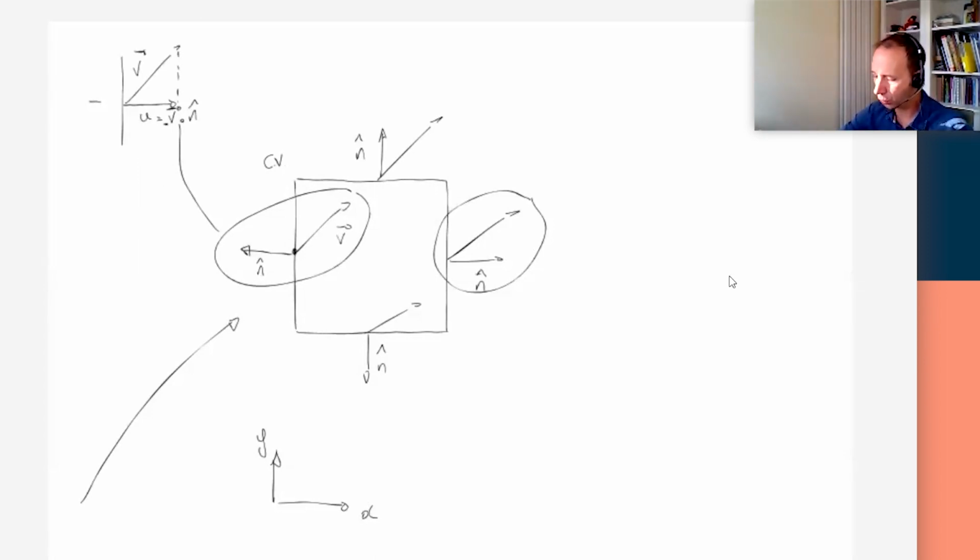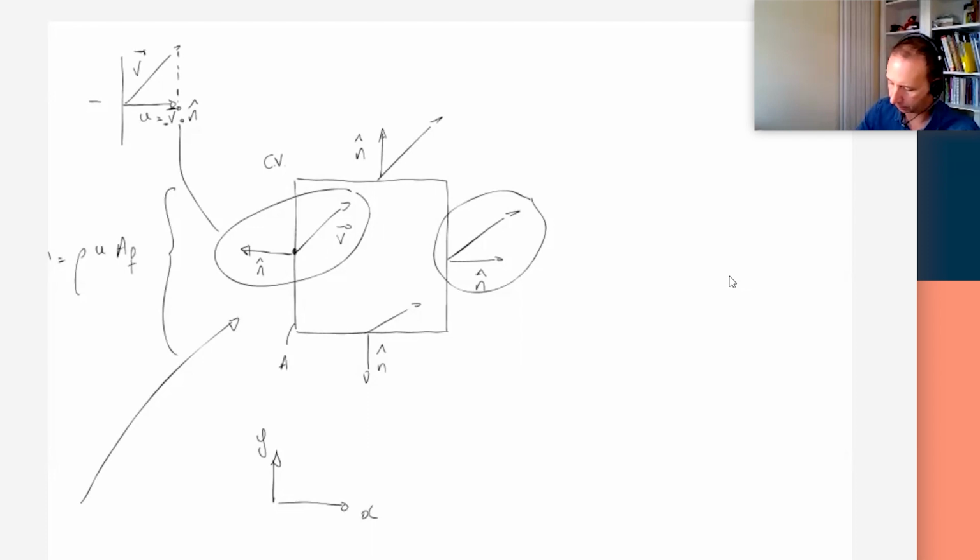Okay, so you know how to extract Vn. So if we want the mass flow rate through this face on the left-hand side, if it's positive in this way, the mass flow rate would be equal to, remember the previous formula, the density multiplied by the normal component, u, which is positive, multiplied by the area of that face.